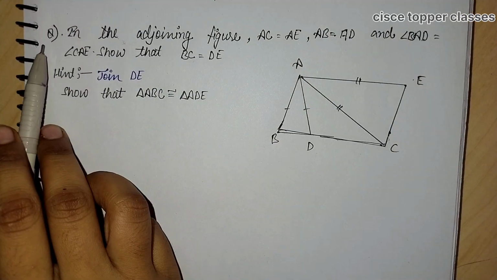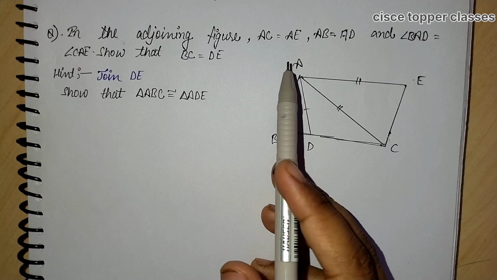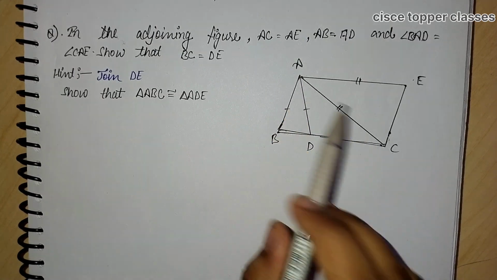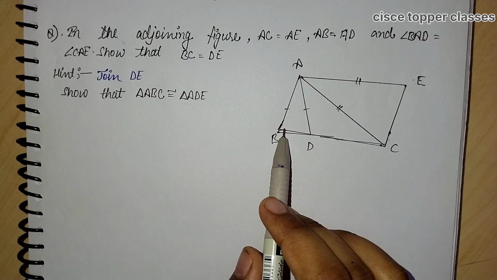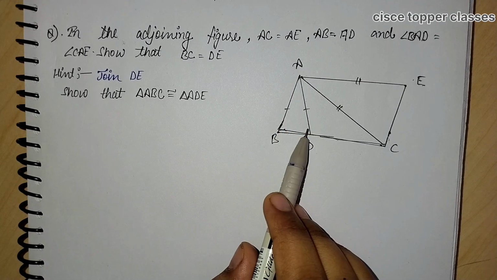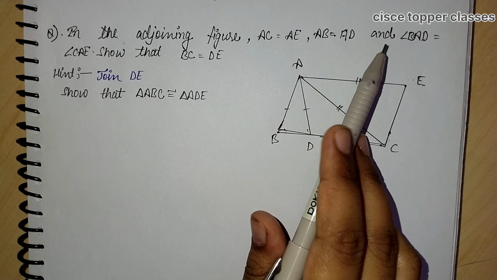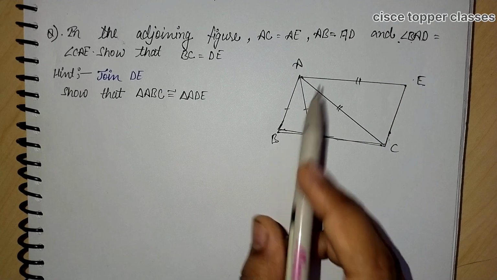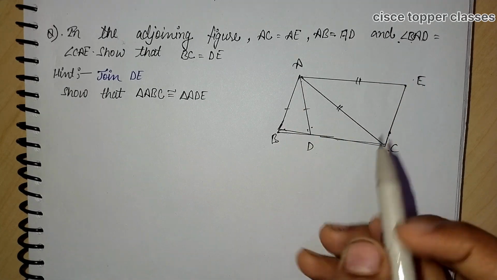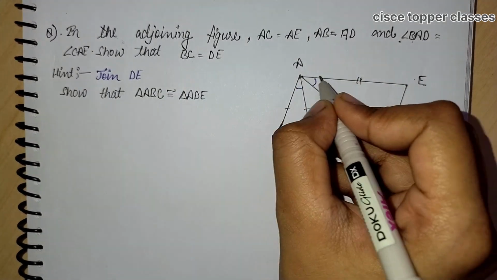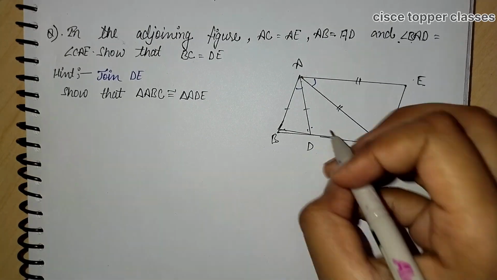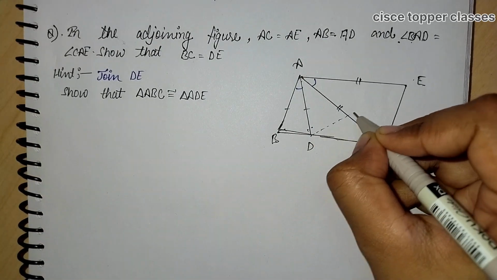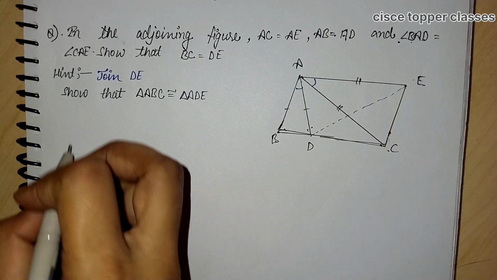Now let us solve the eighth question here, in which given is that AC is equal to AE and AB is equal to AD here. Also it is given that angle BAD, means this angle, and angle CAE are equal. Means these angles are equal here. So firstly we will join this to prove two triangles as equal.